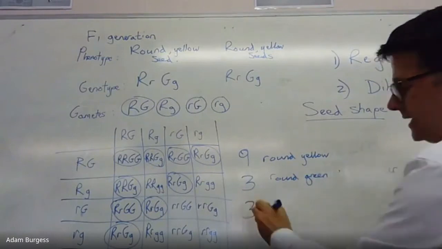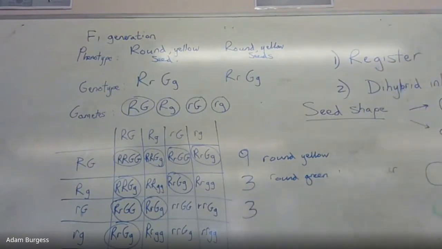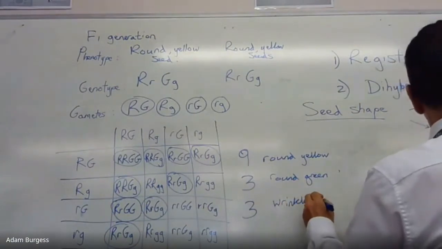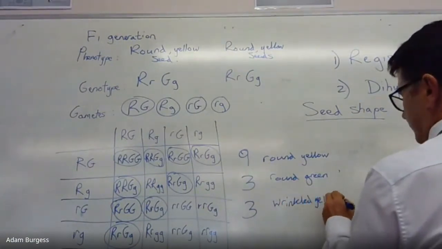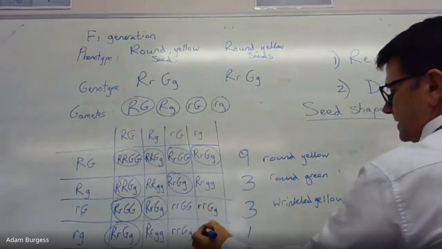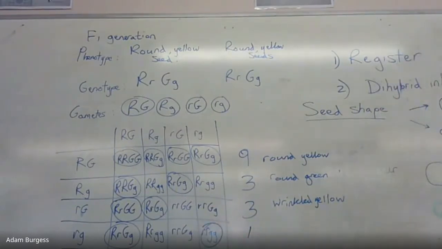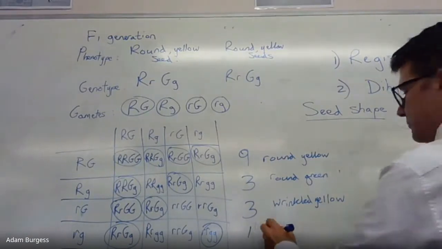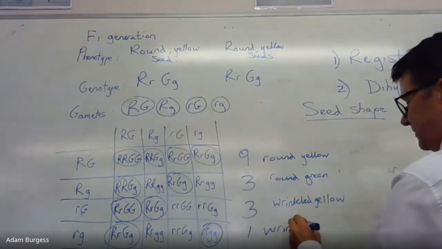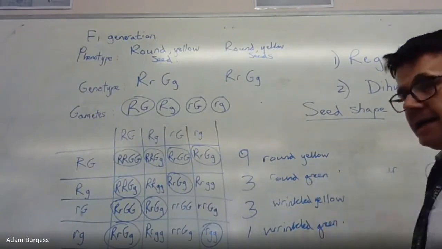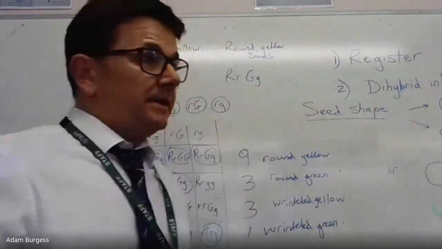You've got 3 wrinkled yellow. And then obviously the recessive one, there's only one recessive, which is that one. Wrinkled green. Okay, so that is an example of dihybrid.